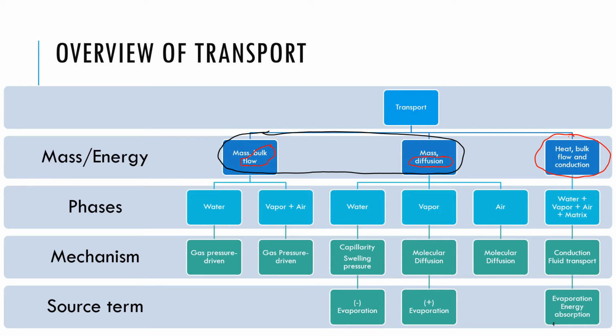So let's look at the bulk flow. We are doing this whole thing in a very mechanistic way. For the bulk flow, we want to consider different phases using their own mechanisms. The mechanism for bulk flow of water would be gas pressure driven. Likewise, for vapor and air, the bulk flow would be gas pressure driven.